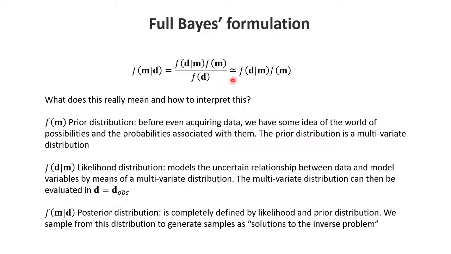The second problem consists in specifying a likelihood distribution. A common misconception is that the likelihood distribution is a distribution that measures error or some measure of distance. That's not necessarily true. The likelihood distribution is just another multivariate distribution that models the uncertain relationship between data and model, and that uncertain relationship can have many origins.